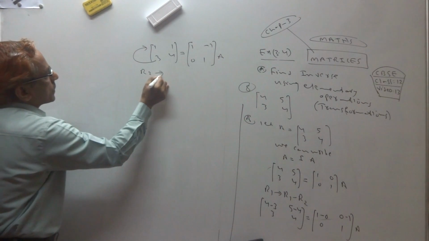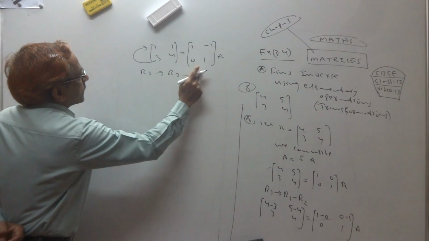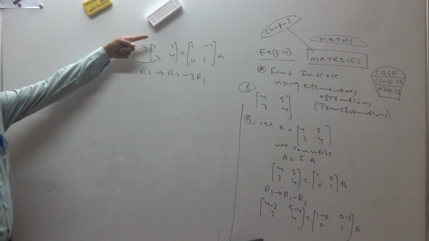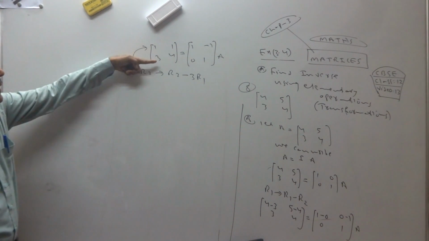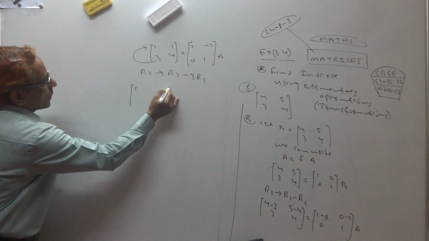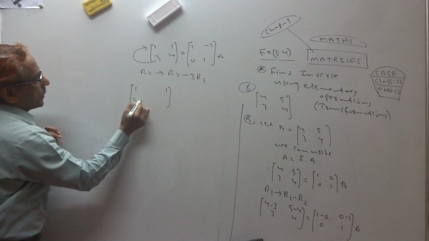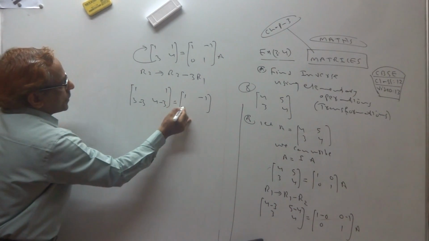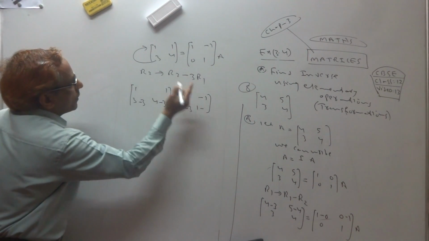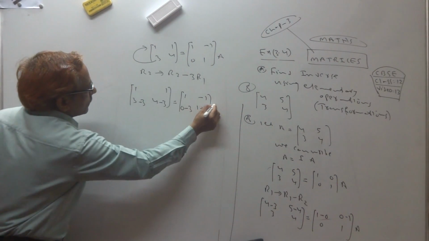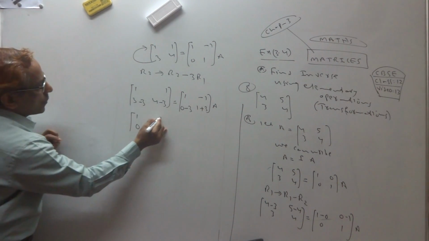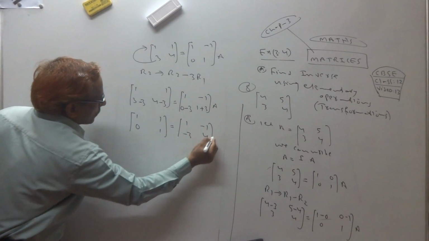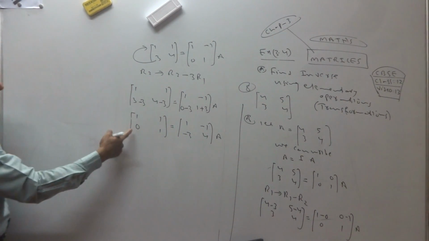So R2 becomes R2 minus 3R1. 3 minus 3 ones are 3, I get 0. 4 minus 3 ones are 3, 1. 0 minus 3 ones, 1 minus minus 3 gives plus 3. So what are we getting? [1 1; 0 1] equals [1 minus 1; minus 3 4]. Yes. See, you got 1, 0, 1.